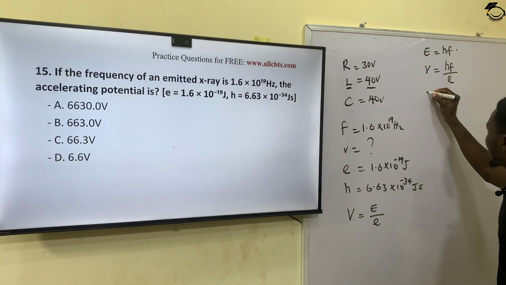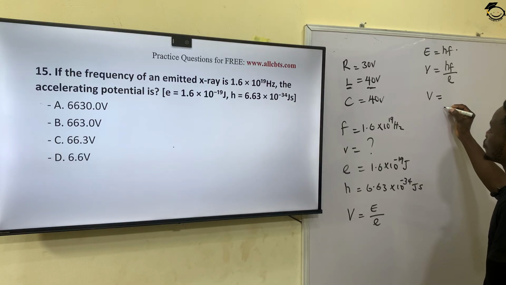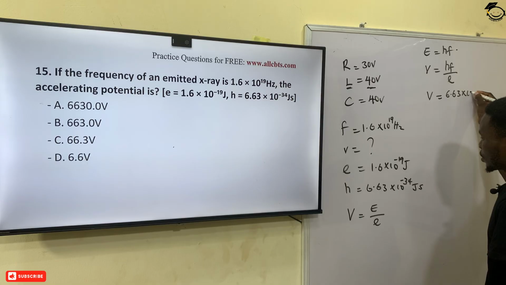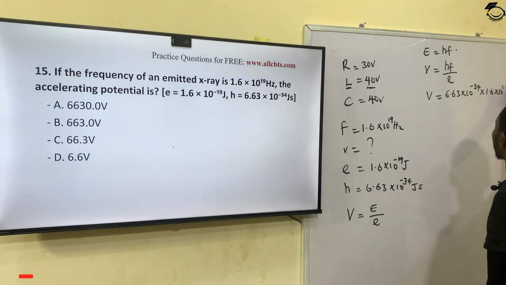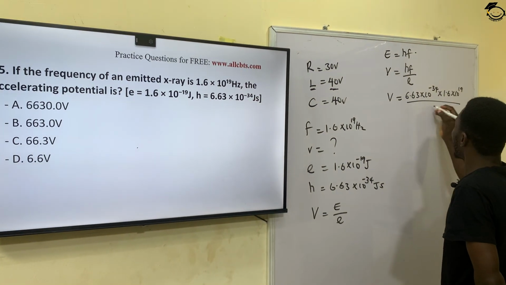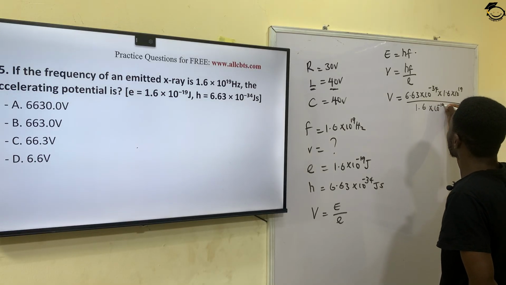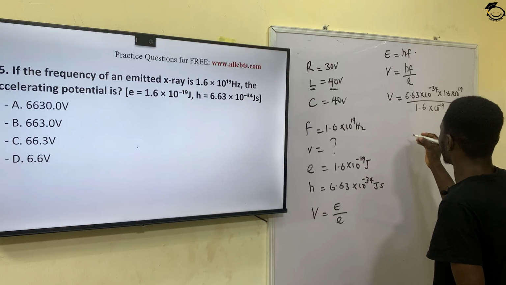So with this, it means that my accelerating potential V is equal to, so this will give me 6.63 times 10 raised to power minus 34 times 1.6 times 10 raised to power 19 over 1.6 times 10 raised to power minus 19.